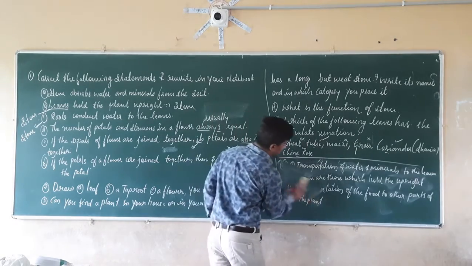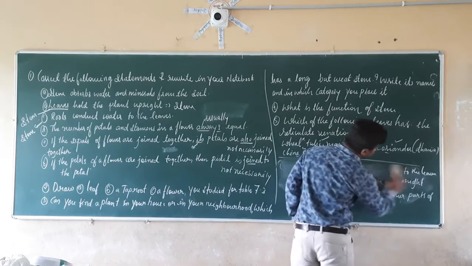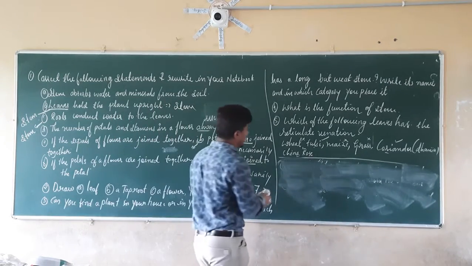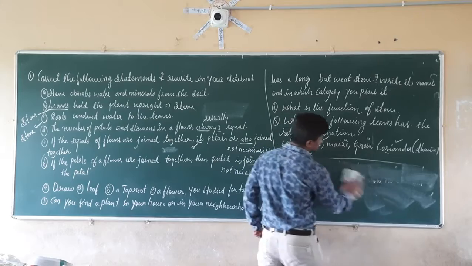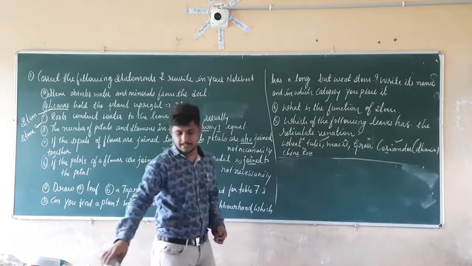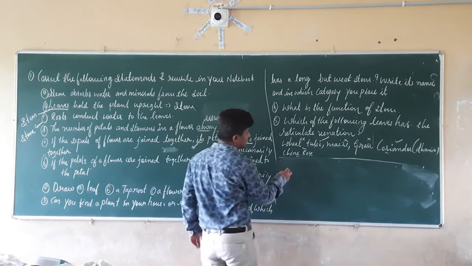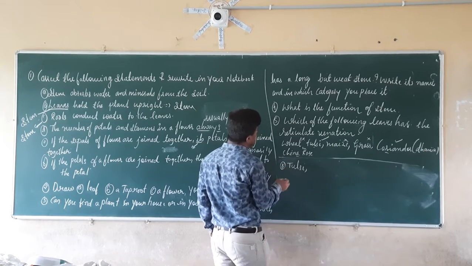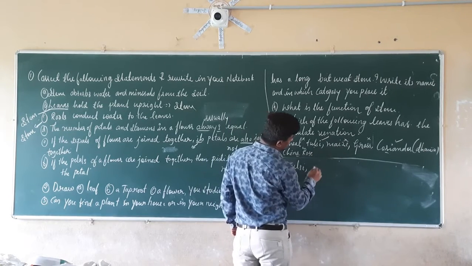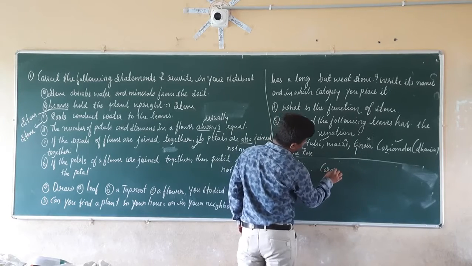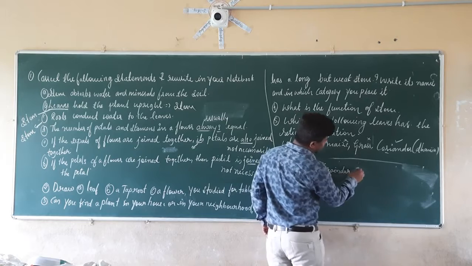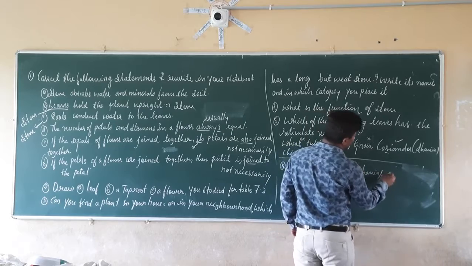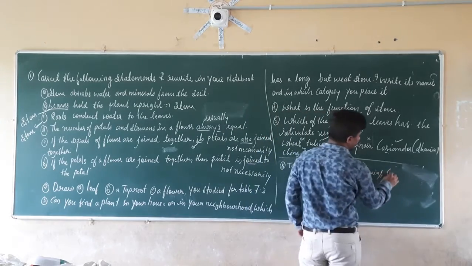So the answer for the fifth question, which plants have reticulate venation from the following: one is tulsi, second is coriander, that is dhania, and third is China rose.